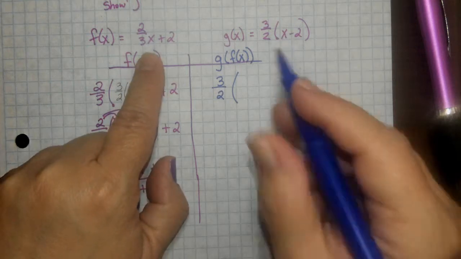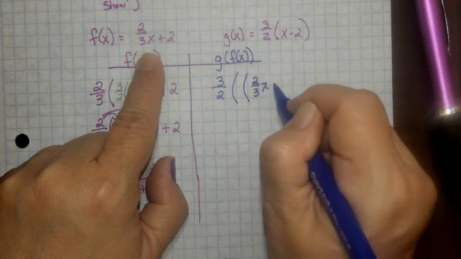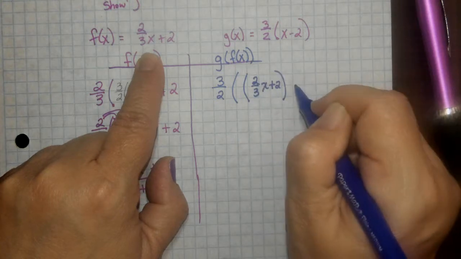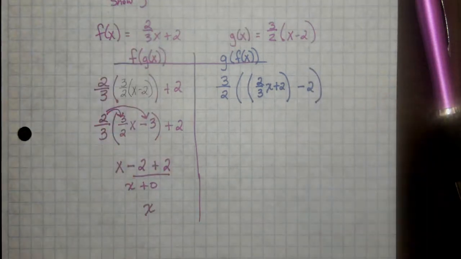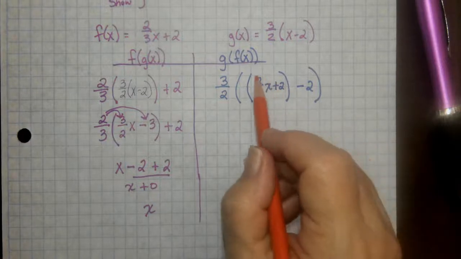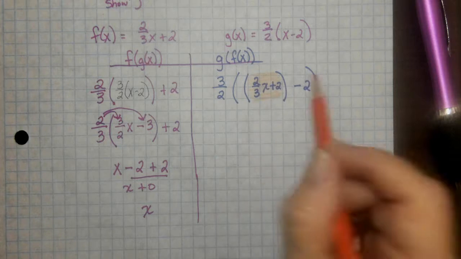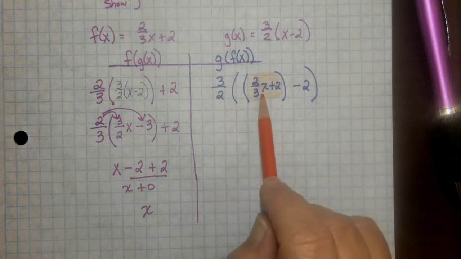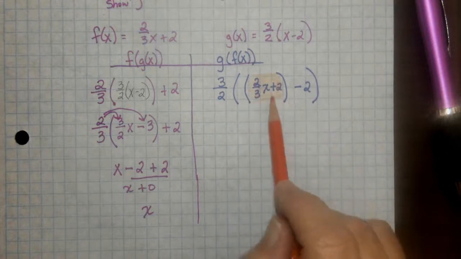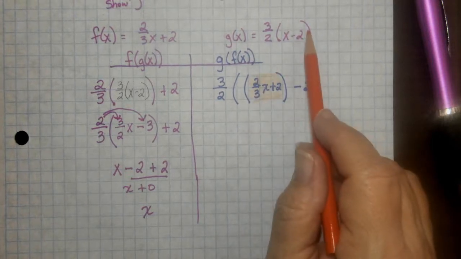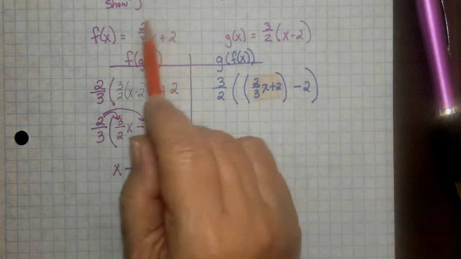Now all of this is my input, 2/3 x plus 2, minus 2. Three halves times my input minus 2. Sorry, my input is my f of x.